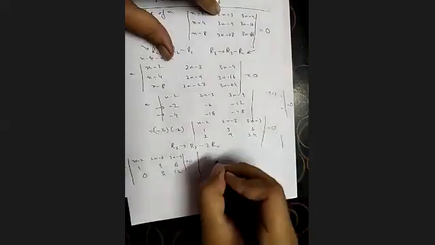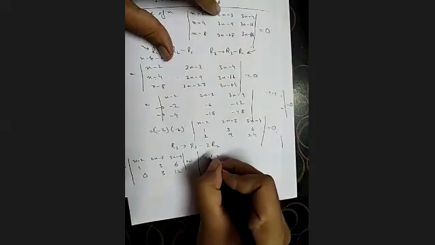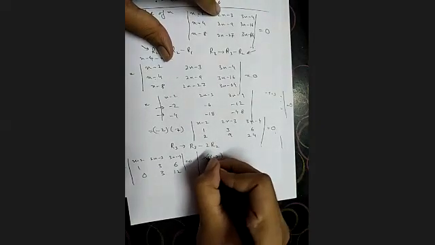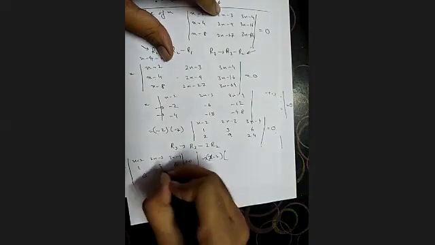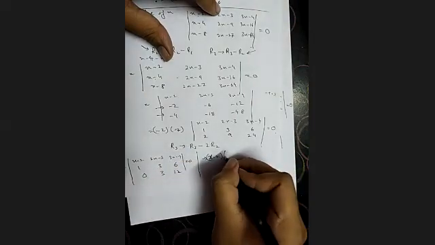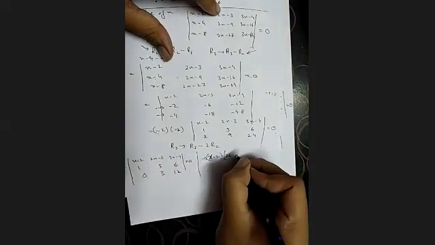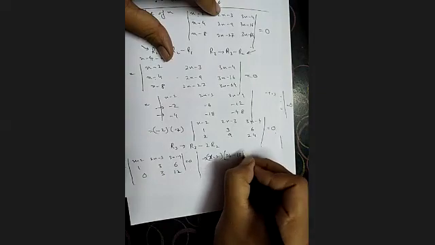Minus 2 into minus 2 is 4. If I send this 4 to that side, it will be 0 by 4, which is 0. Then x minus 2 into 3 times 12, that is 36, minus 18.